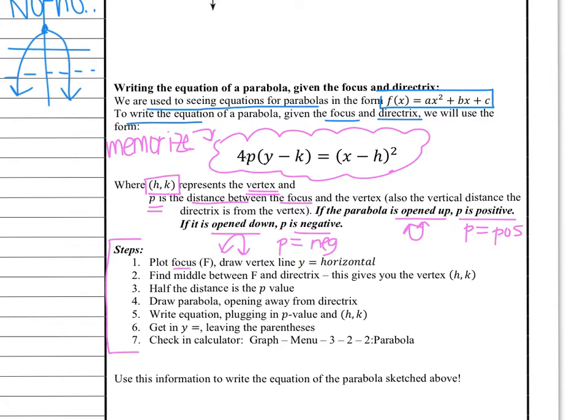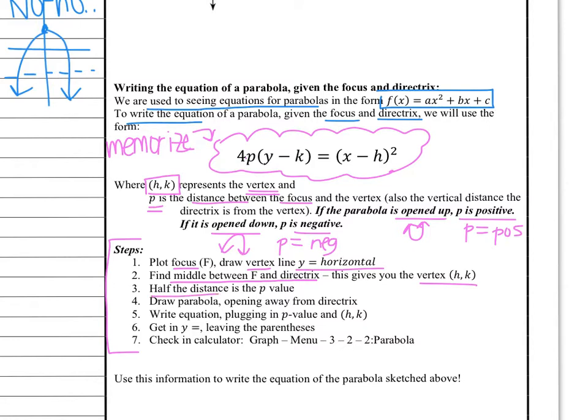Okay, so these steps right here are just what you could follow if you need a little thing to follow. So plot the focus, draw the line for the directrix, a horizontal y equals line, find the middle, and so forth. You could follow these steps whenever you go to write the equation. So step 2, find the middle between the focus and the directrix. This gives you the vertex, just like we did up above.